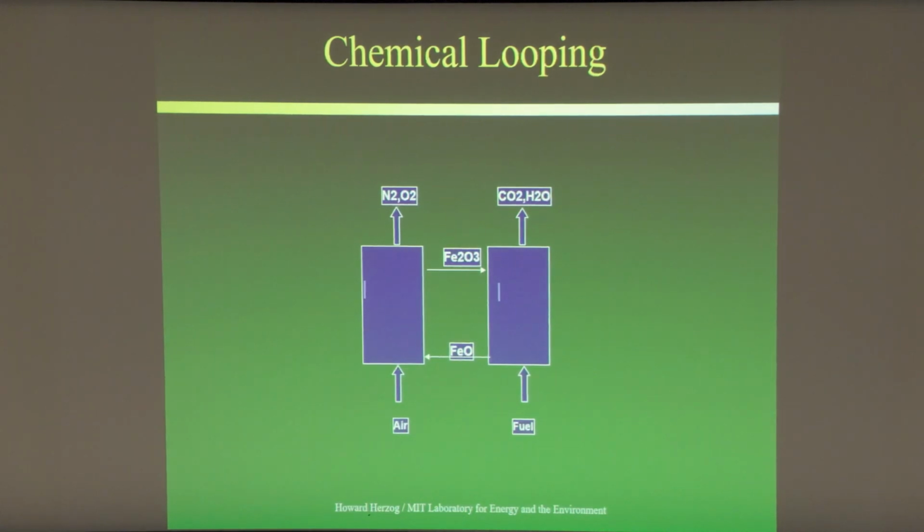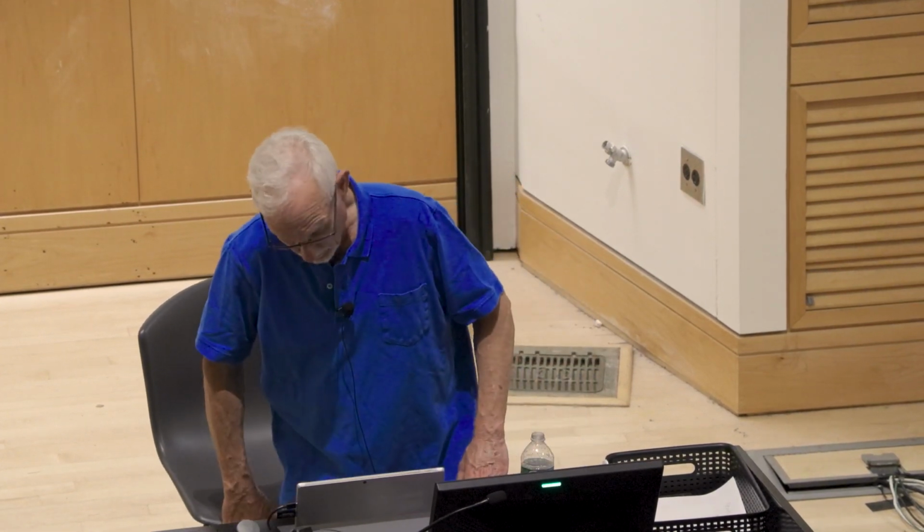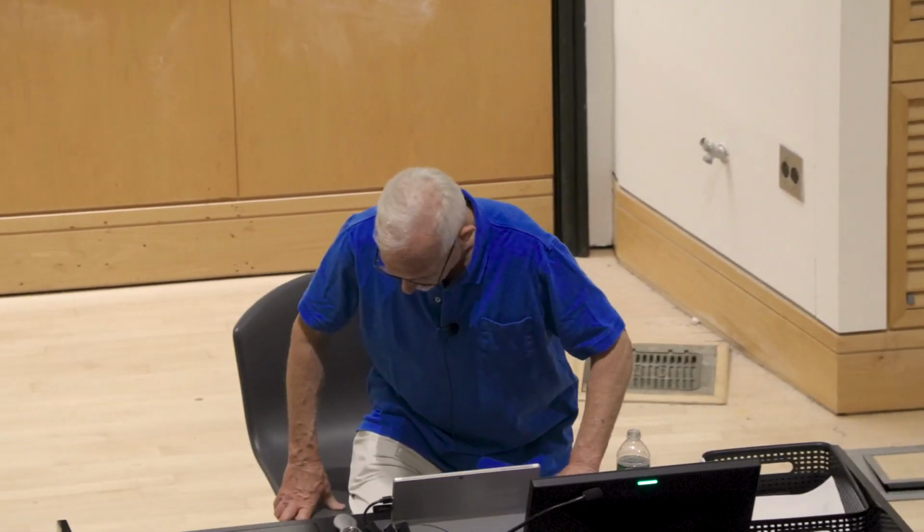So, on paper, this process looks wonderful. Basically you're getting free oxygen. In reality, it's a very difficult design to do and to really make it work. And I know there was quite a lot of work going on in this. I remember Alstom Power, which was bought by Baker Hughes, had a big project on this.